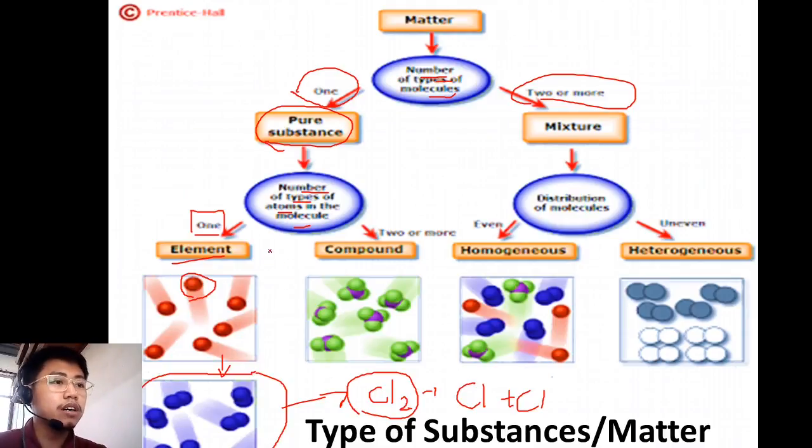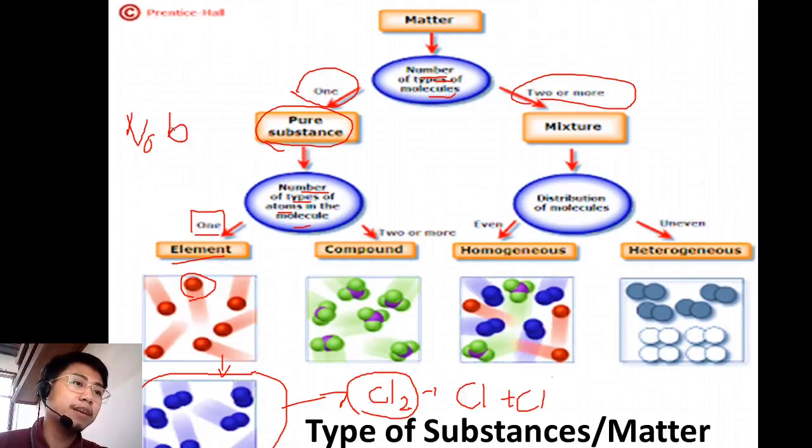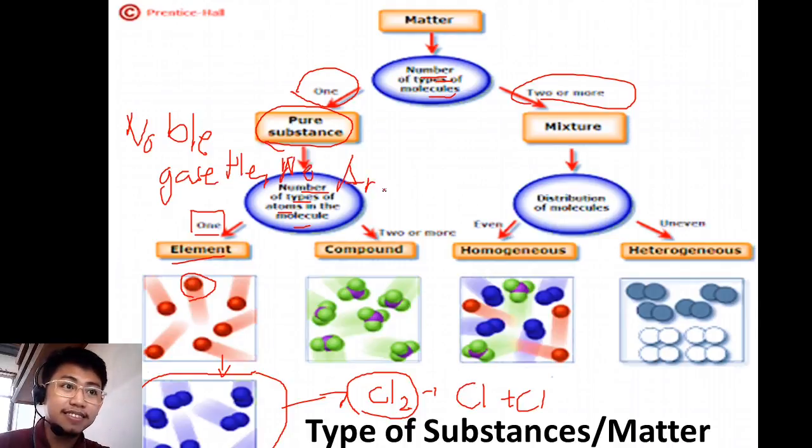But there are gases that are also living alone. They can live on their own. We call them the noble gases. Examples for that are helium, neon, argon, and xenon.